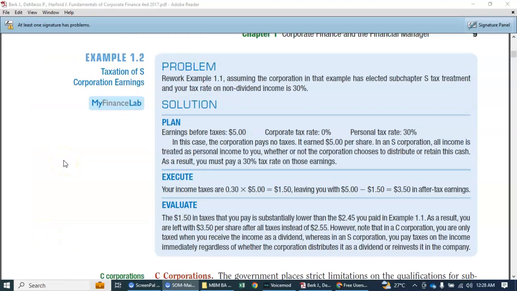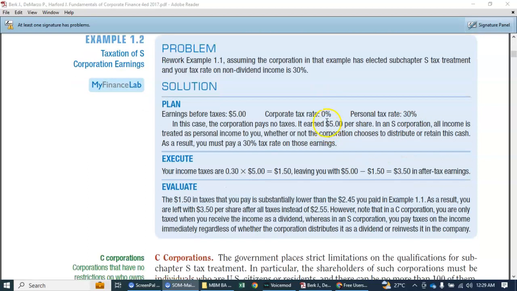So to demonstrate the difference between the regular corporation and the S corporation, here there's a 5 before tax. So if the corporation is at 0 in tax, the personal tax rate is 30%. So in that way, since the corporation is not subject to tax, whatever is the earnings from that corporation will be transferred to the personal capacity of the investor.